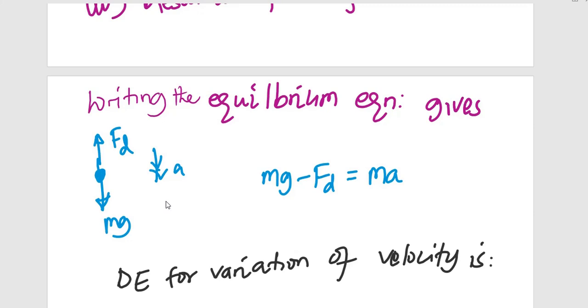So what I am sure about is that mg is bigger than Fd, and he is undergoing uniform velocity and uniform acceleration. If I take such assumptions, then mg minus Fd will give me the resultant force.